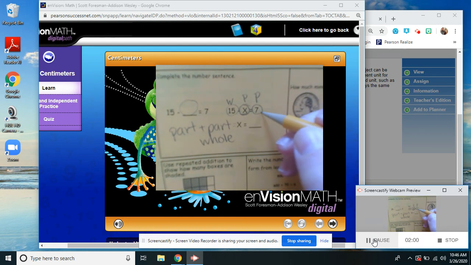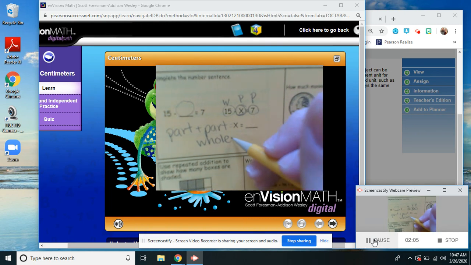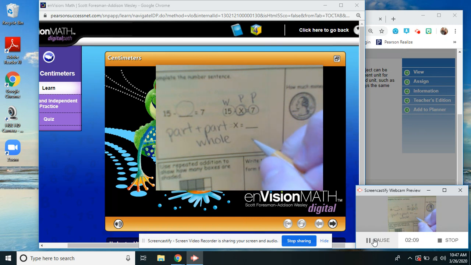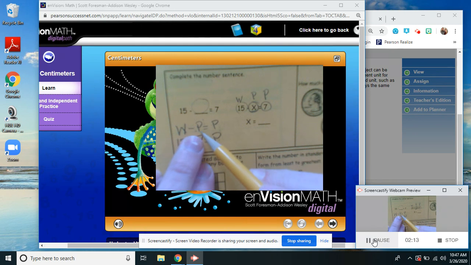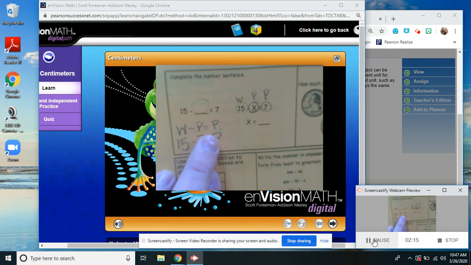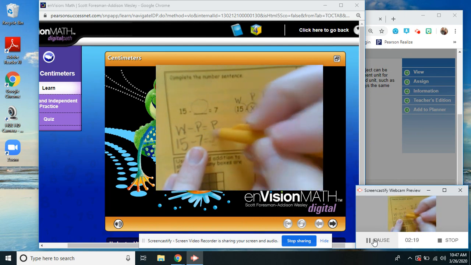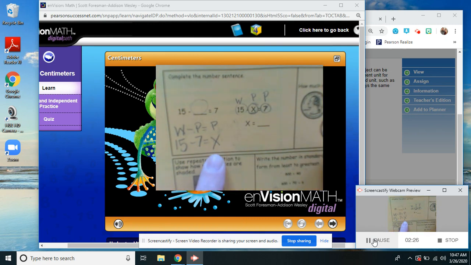So if we add 7 plus x, it would equal the whole. But in this case, we're trying to find the part. So we must take the whole minus a part equaling another part. So in this case, we need to find x. So 15 minus a part that we have, which is 7, will equal x.